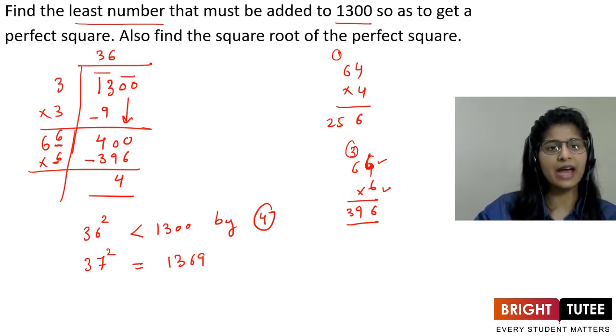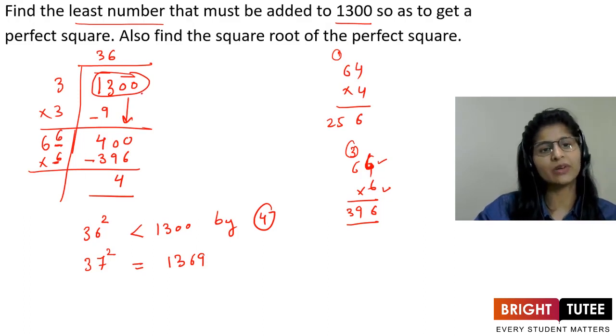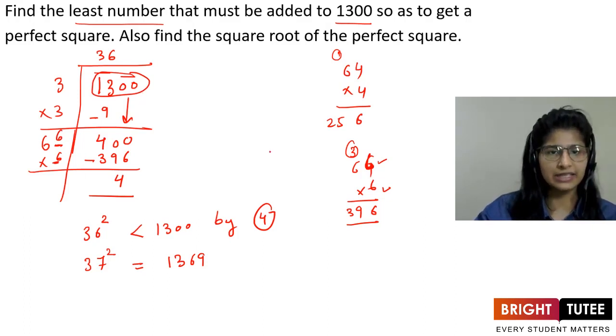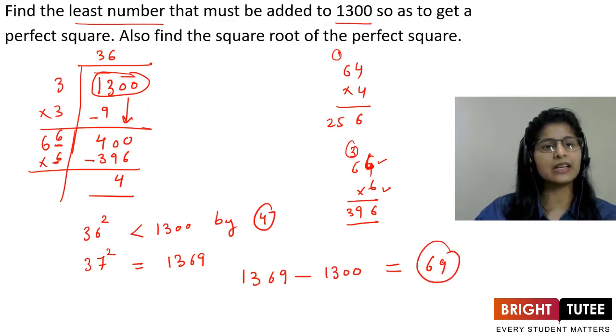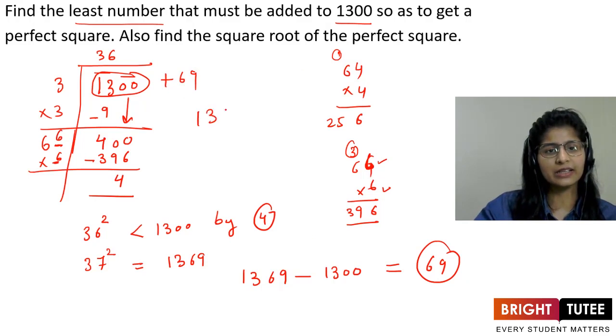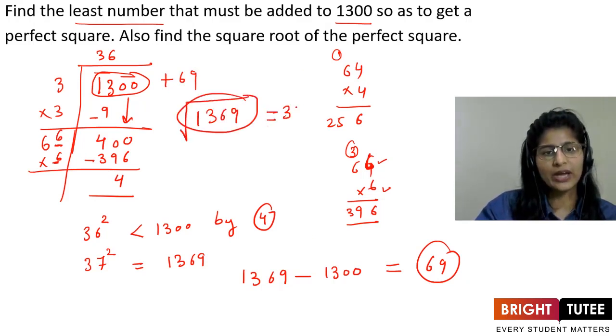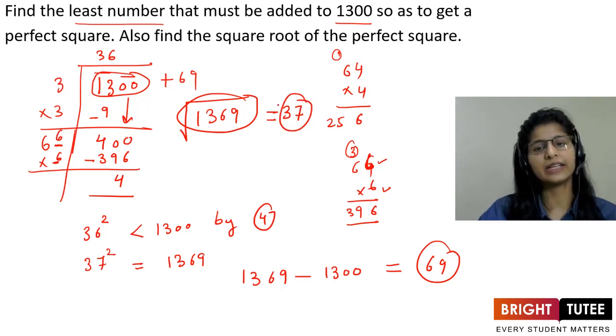So if we add 69, we will get 1369 and it will become a perfect square of 37. So what we will do? 1369 minus 1300, the number which is given to us, we get 69. 69 is the least number that must be added to 1300 so that it becomes a perfect square. Whenever you add 69 to it, you will get 1369, which is a perfect square of 37. So the square root of this number will be 37.